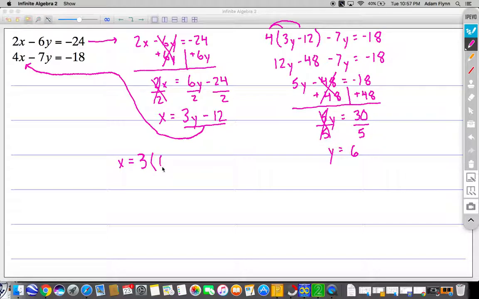Instead of y, I have 6 minus 12. 3 times 6 is 18, minus 12, and 18 minus 12 will be 6. So these two lines, when graphed, will cross at the point 6, 6.